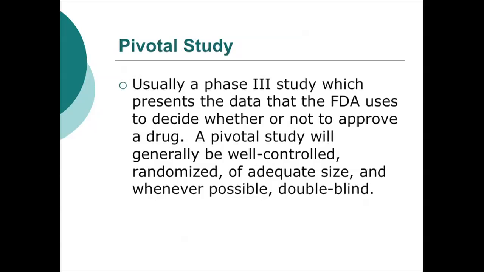A pivotal study is usually a phase 3 study. This is the data that the FDA reviews to decide whether or not to approve a drug. A pivotal study is generally well-controlled, randomized, of adequate size, and whenever possible, double-blind. We're going to discuss this terminology in a few more slides.